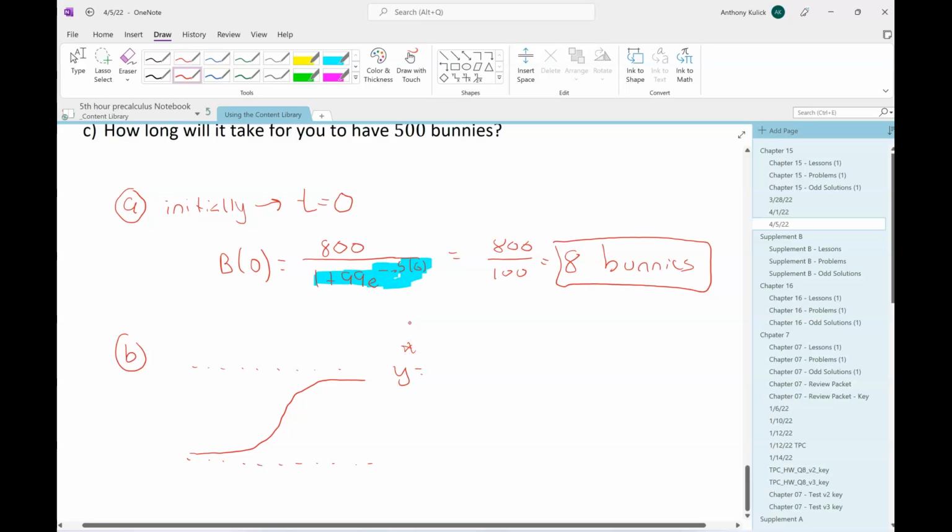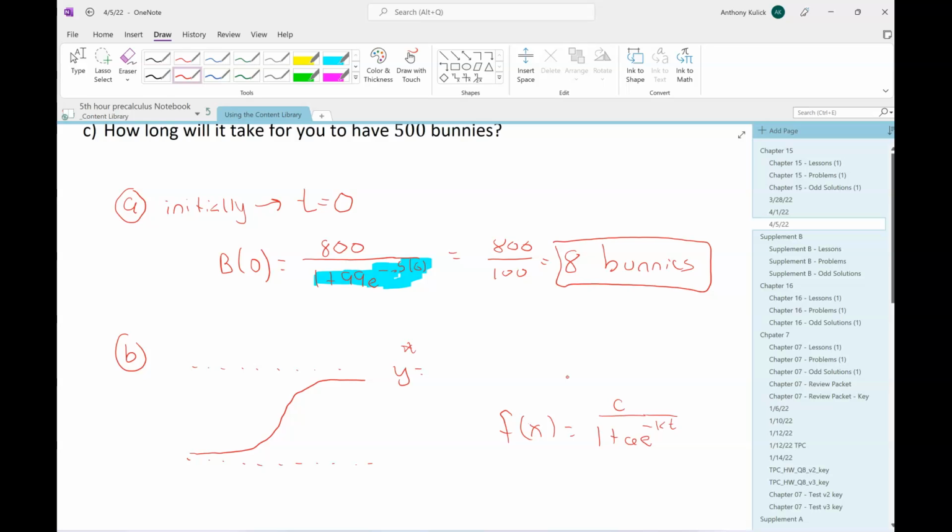Does anybody remember how to find that upper bound for a logistic function of the form? We talked about this last time. Anybody remember?